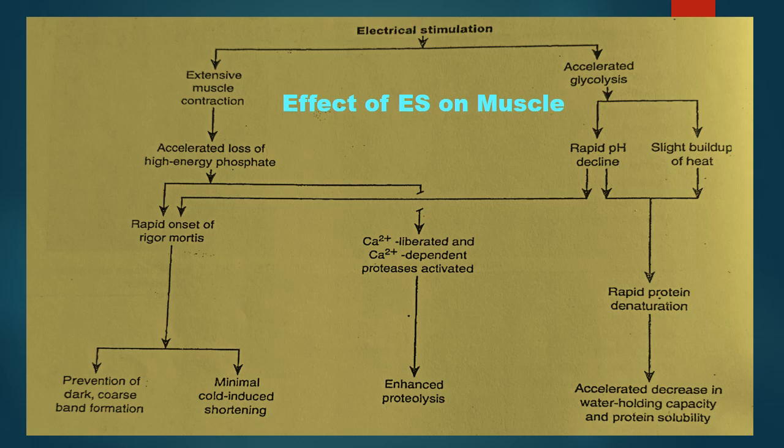Simultaneously, on the right side we can see accelerated glycolysis happens due to the electrical stimulation, due to vigorous contraction, that leads to rapid pH decline and slight buildup of heat.